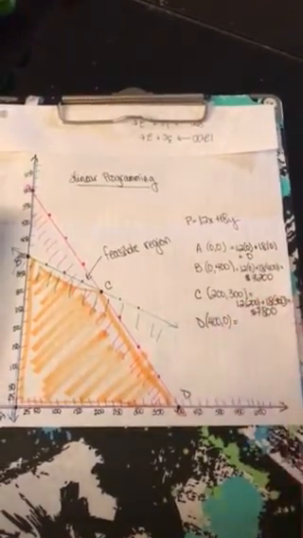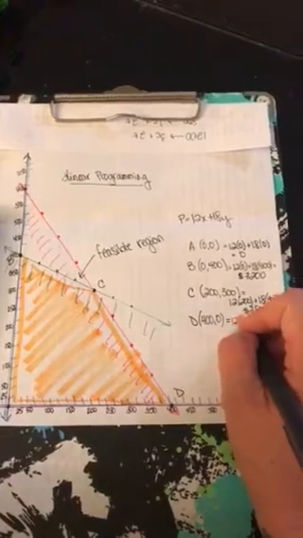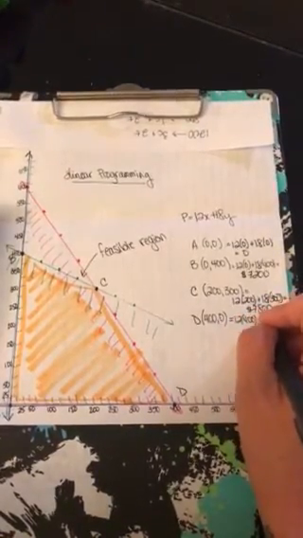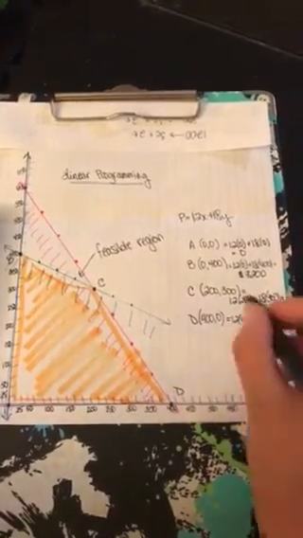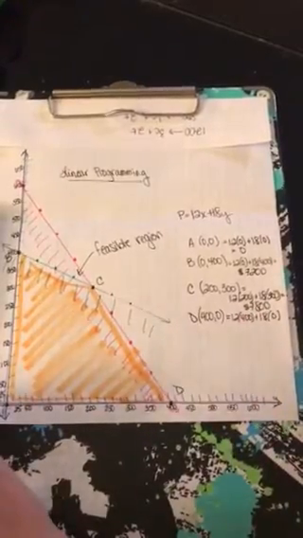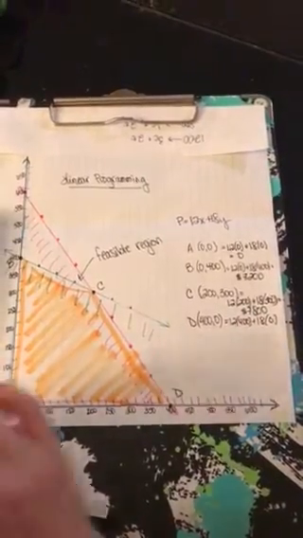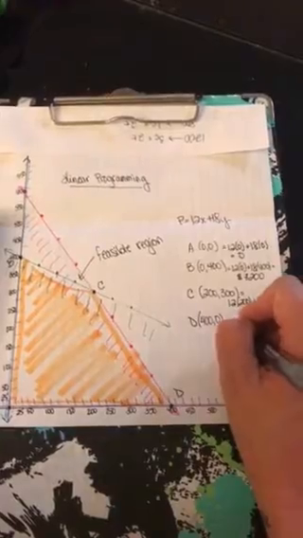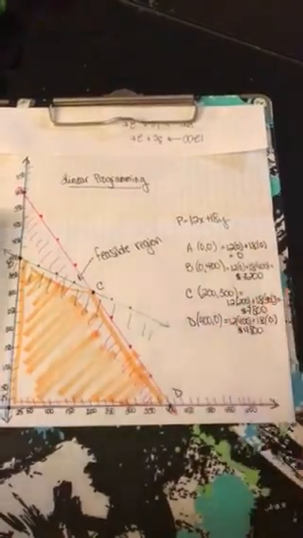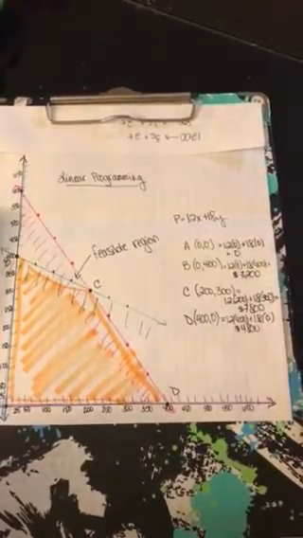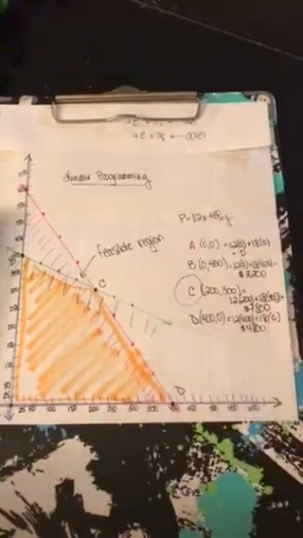And then last but not least, we've got 12 times 400 plus 18 times 0, which I think is 4,800, but let's check. Okay, so 4,800. So if we look at all of them, definitely to maximize, it's going to be C.